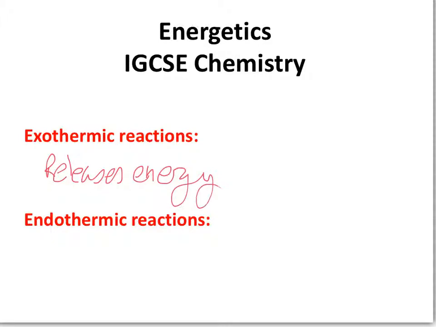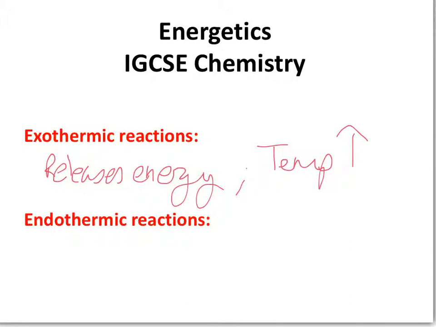It releases energy, and that energy goes into the surroundings, and it causes the temperature of the surroundings to increase. They get hotter. There are numerous examples I can think of. Combustion is an exothermic reaction, burning things, burning methane in a Bunsen burner, on your gas hob at home in the kitchen.